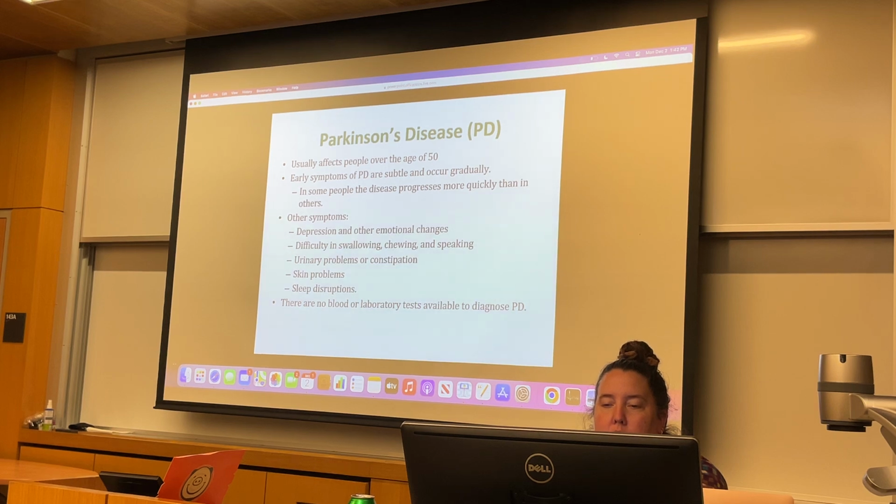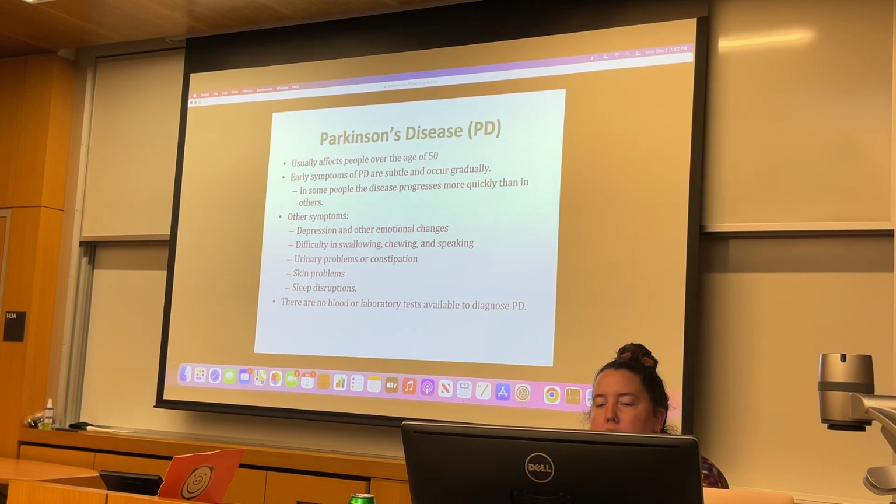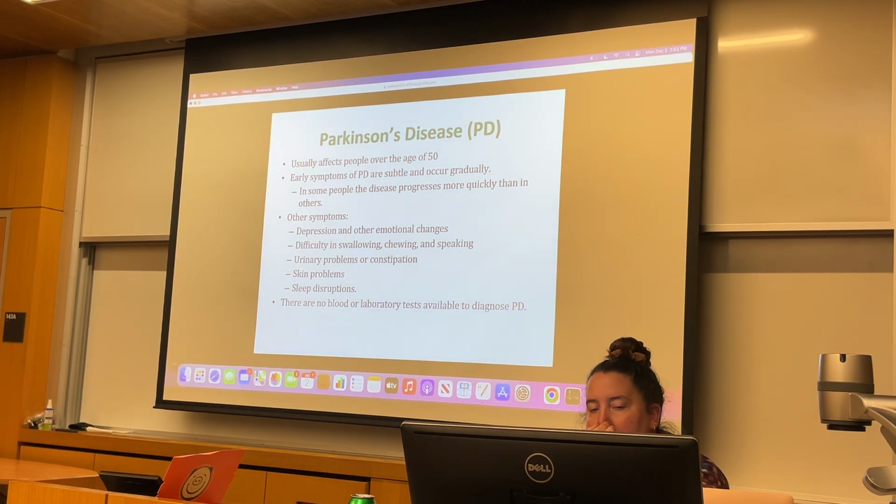It makes it more difficult to have a coordinated swallow or coordinated movements in order to speak. Urinary problems or constipation, skin problems, which are mostly associated with people who have Parkinson's disease, not necessarily caused by Parkinson's disease, although some of the medications can lead to skin issues. And sleep disruptions.